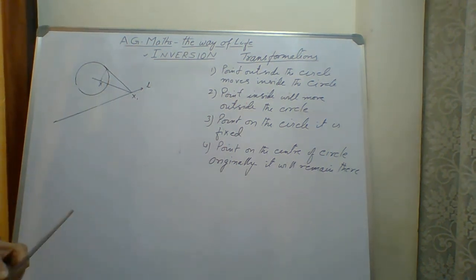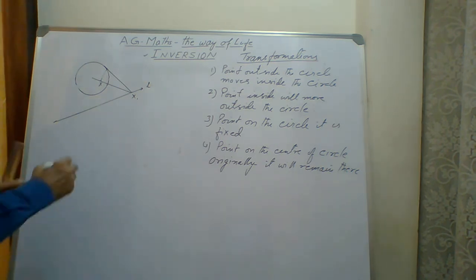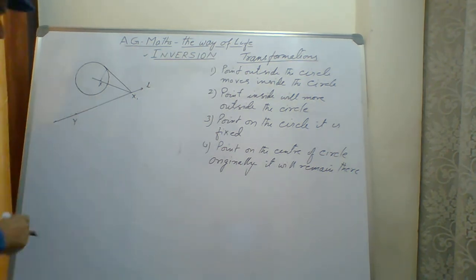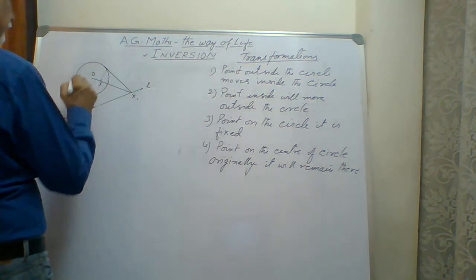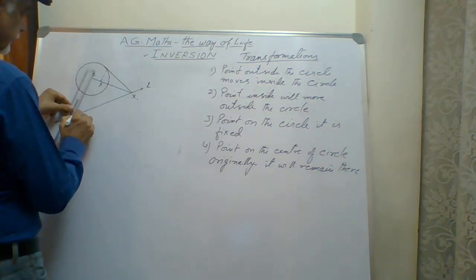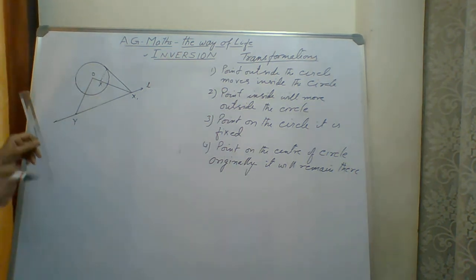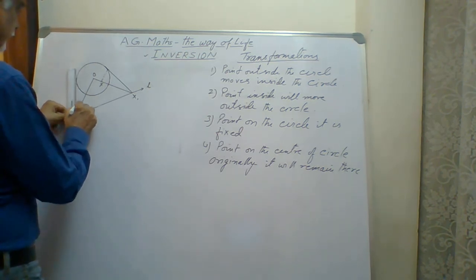This is the reverse procedure. Now another point, suppose Y is on the line. I'll see how it moves inside the circle. I'll connect it to the center O, then from Y I'll draw a tangent to the circle.